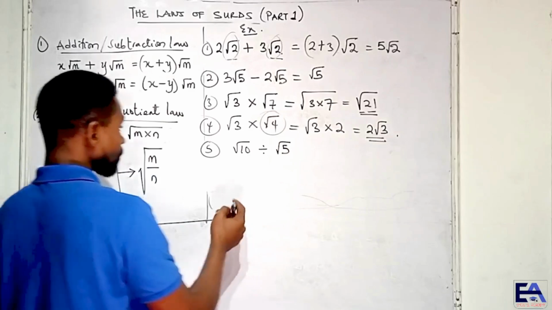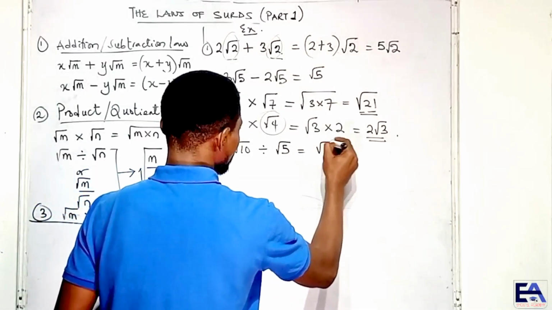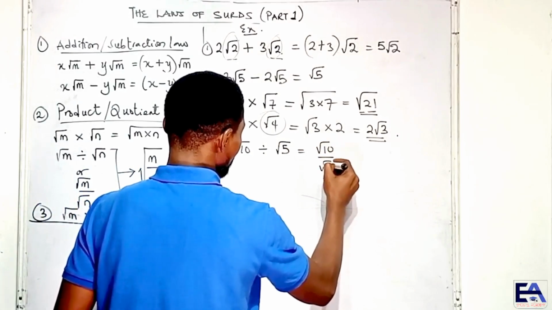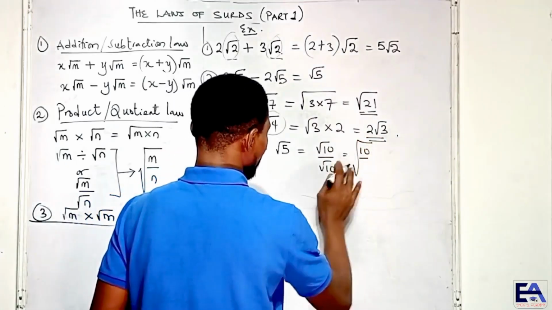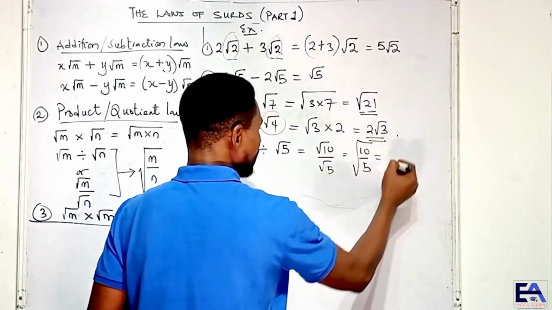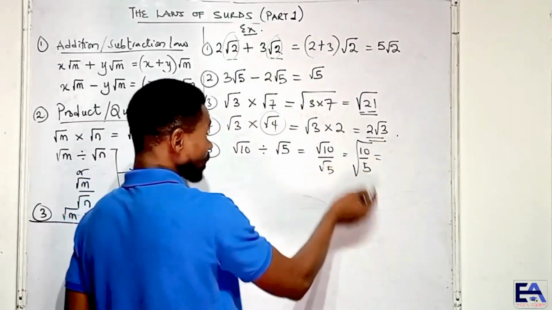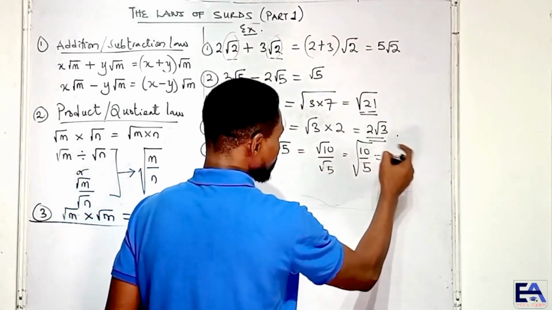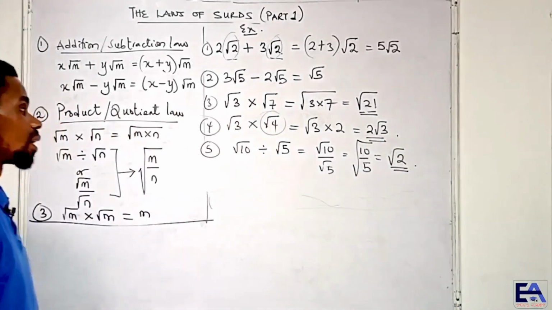Root 10 divided by root 5 is still the same thing as saying you can rewrite it as a general root of 10 divided by 5. So root 10 divided by root 5, or the general square root of 10 divided by 5, would give you root 2. And so that is that.